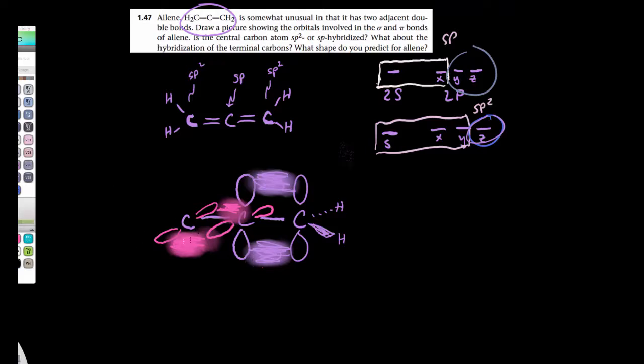And notice that in order to maintain the same trigonal planar geometry in the sigma bond system, the carbon on the left, those two hydrogens have to be in the plane of the screen. So this hydrogen and this hydrogen are in the plane of the screen.